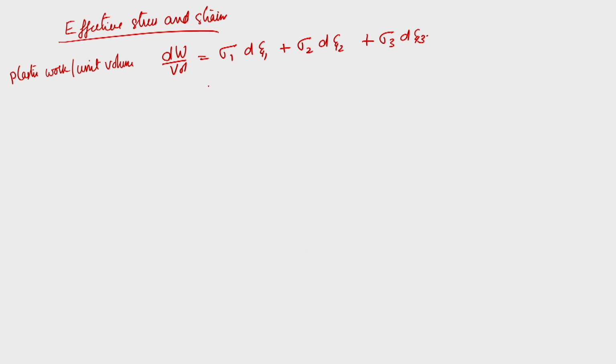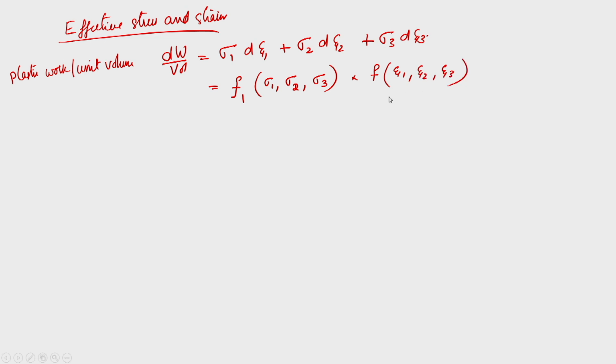So, this we can always write as a function of the principal stresses sigma 1, sigma 2 and sigma 3, which is f 1, multiplied by another function of epsilon 1, epsilon 2 and epsilon 3.